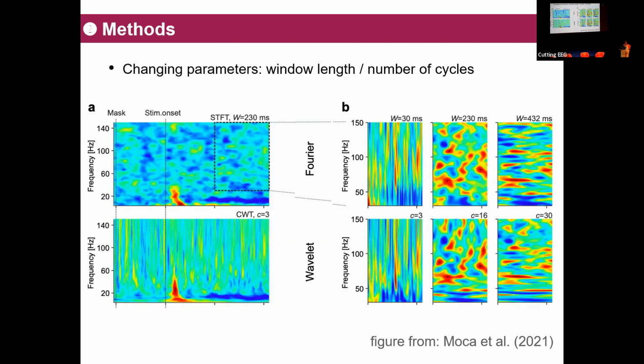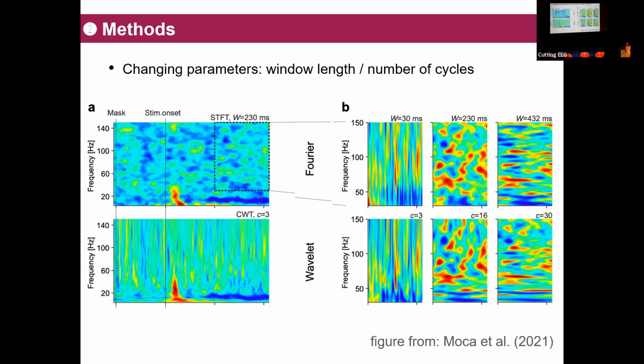Okay, about parameters. These are time frequency representations that were obtained with the short-term Fourier transform and the wavelet method. And I would say these are default parameters.